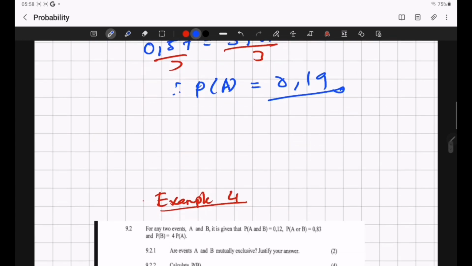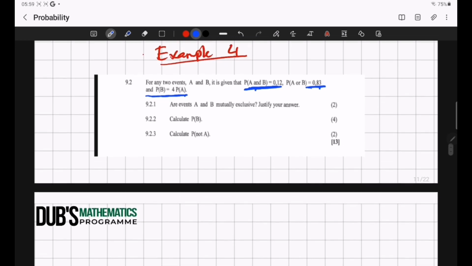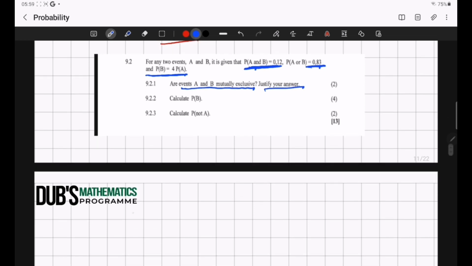Next example, we're given that for any two events, A and B, the probability of A and B is equal to that, probability of A or B is equal to that, and probability of B is equal to 4 times probability of A. They're saying you must first check if A and B are mutually exclusive. Justify your answer. So our first point, 9.2.1, they say you must answer if A and B are mutually exclusive.